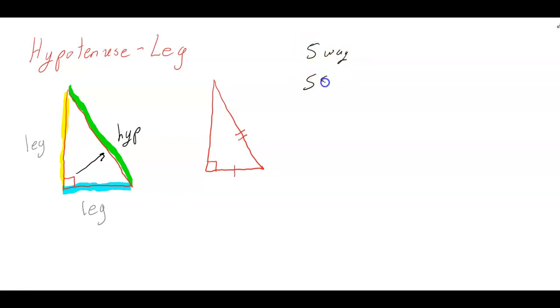They are side, side, side, angle, side, angle, angle, angle, side, side, angle, side, and hypotenuse leg. So these are the 5 ways to justify congruent triangles.